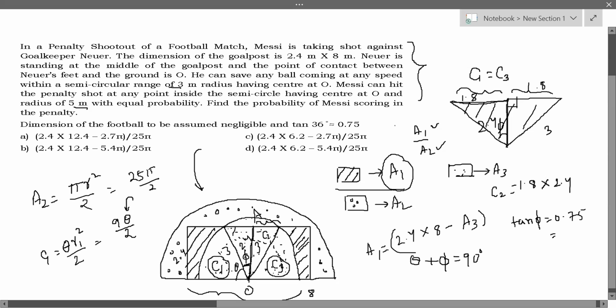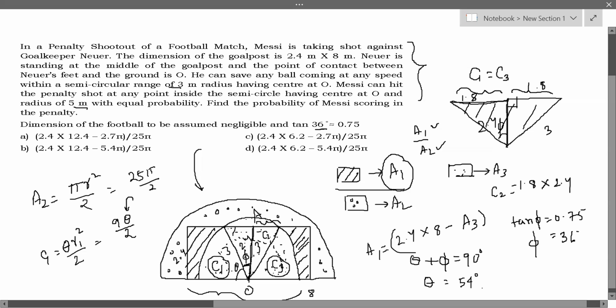It is given in the question that tan 36 degree is equal to 0.75. So we can use phi as 36 degree. We can use theta as 54 degree.